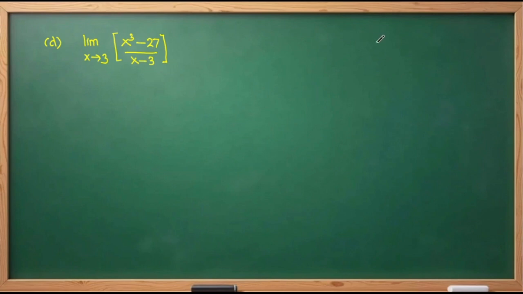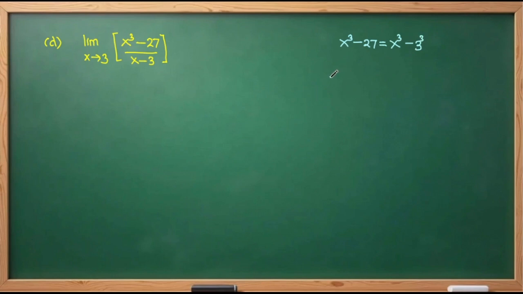So let's move on here, and we take out our x cubed minus 27. This can be written the same as x cubed, then we can rewrite 27 as a cube also. So 27 is the same as 3 cubed.